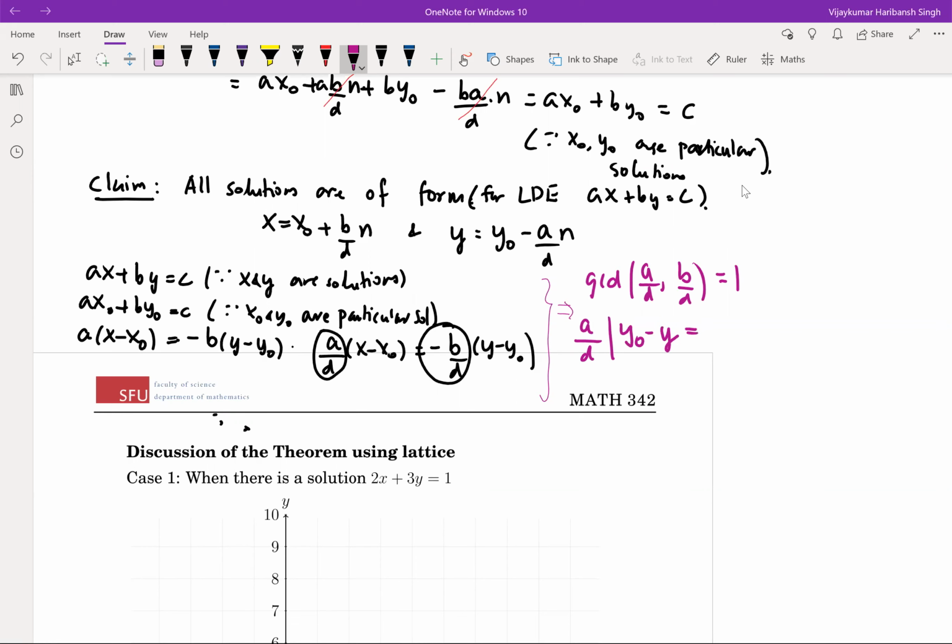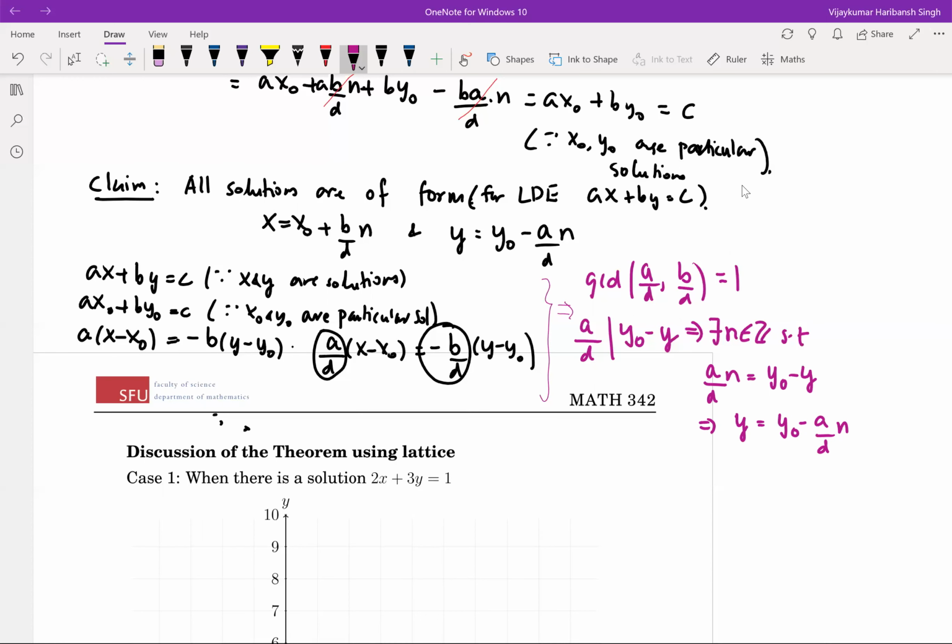This would mean there exists an integer n belonging to Z such that a by d times n equals y naught minus y. This would mean that y equals y naught minus a by d times n.